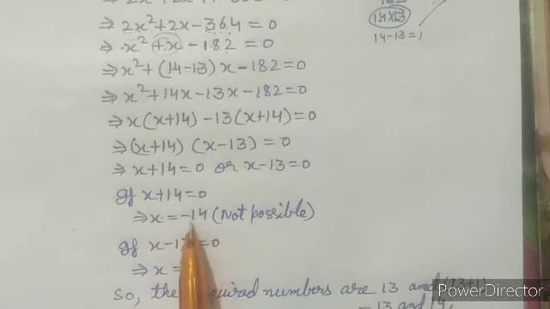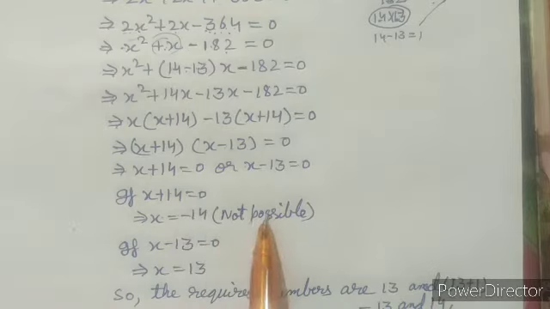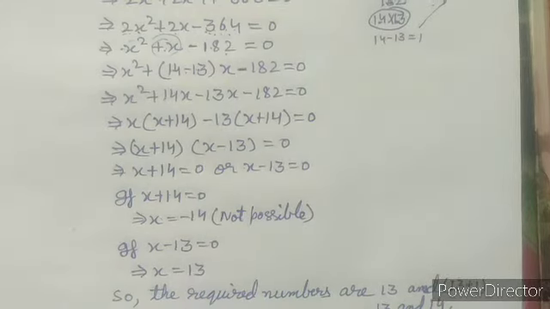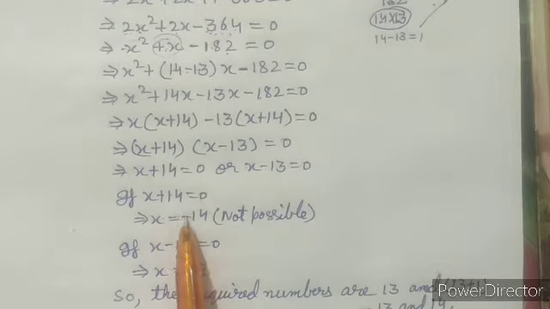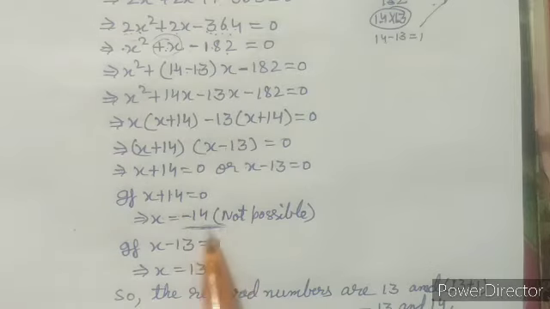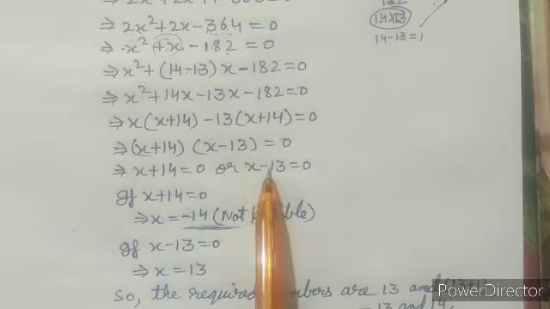Now x is equal to minus 14 is not possible, because in the question he was talking about two positive integers, and minus 14 is not a positive integer, it is a negative integer. So minus 14 is not applicable according to the question. Now our next factor was x minus 13.